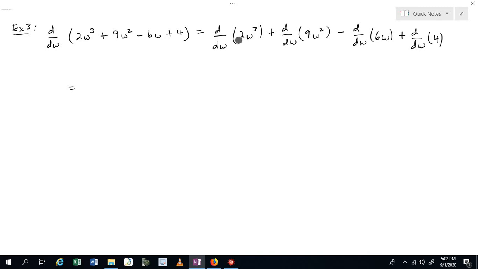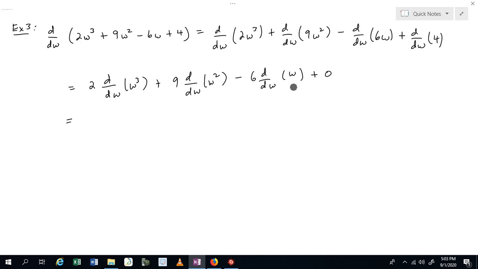Okay, and then I can pull the constants outside these derivative operators. And then the derivative of a constant is equal to 0.